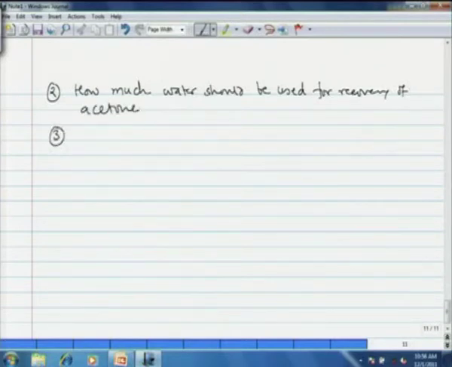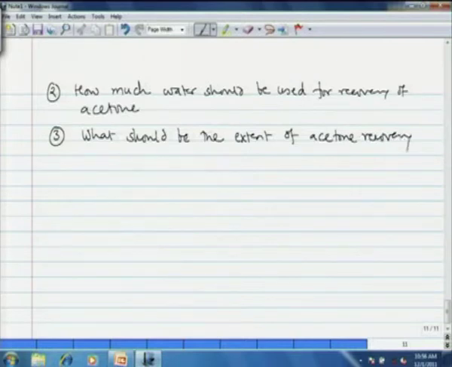And the third is what should be the extent of acetone recovery in distillation column.